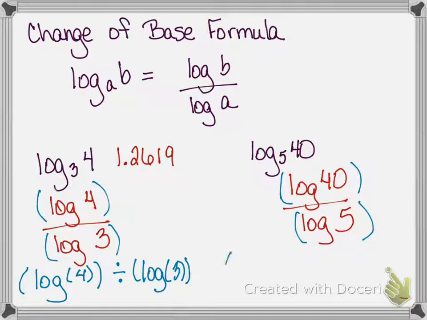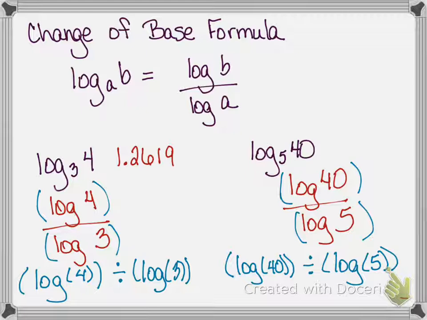So then I'm going to have parentheses, log 40, double parentheses, divided by log parenthesis 5, double parentheses. Those are your keystrokes. I don't know the answer. I think it's 2 point something. It's 2.292. Is that rounded correctly? Yeah, there's a 0.